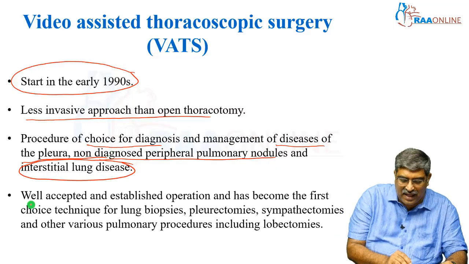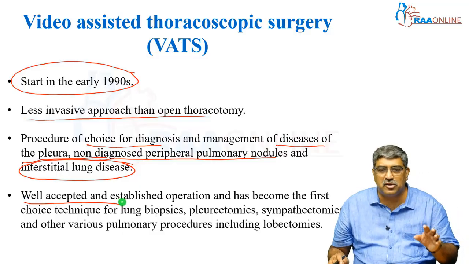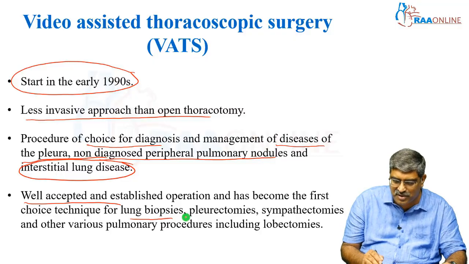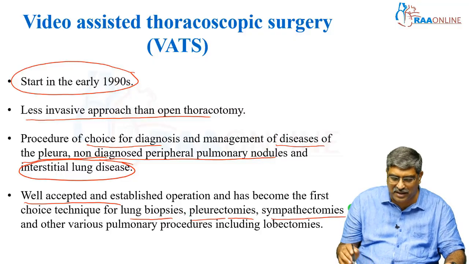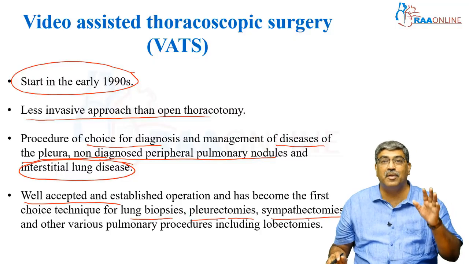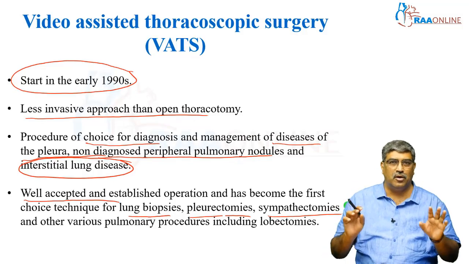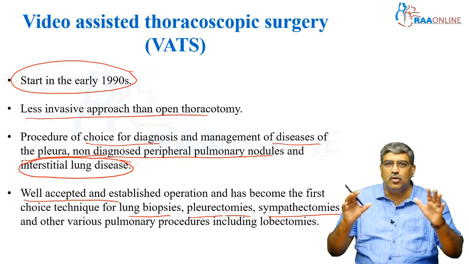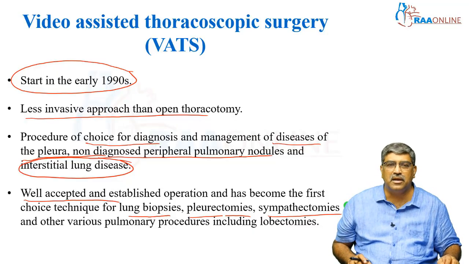It is a well accepted and established operation and has become the first choice in lung biopsy, pleurectomies, sympathectomies and various other pulmonary procedures including lobectomy. So, slowly VATS is replacing the open lung surgery concept.